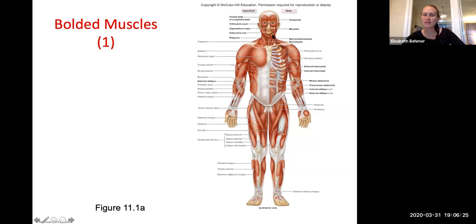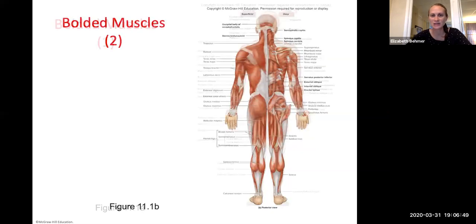A lot of the muscle names tell you what shape they are or where they're located. So the muscle that surrounds your mouth is the orbicularis oris, and that's a circular muscle. Then you have an orbicularis oculi that surrounds your eyes. So that's a circular muscle around your eyes. So we'll go through some of these muscles more in detail too. And this PowerPoint might also help you label some of your lab pages.